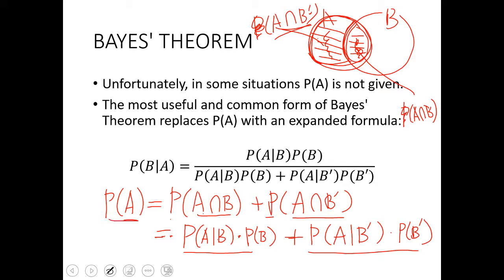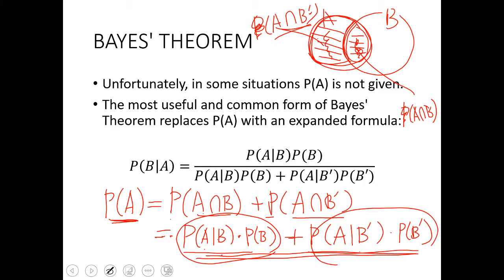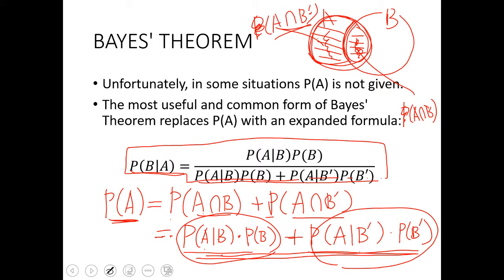So we can change the probability of A to the sum of these two terms. So we have this equation. That is the general Bayes theorem, Bayes rule. We will use this Bayes rule and find many interesting pieces of information.